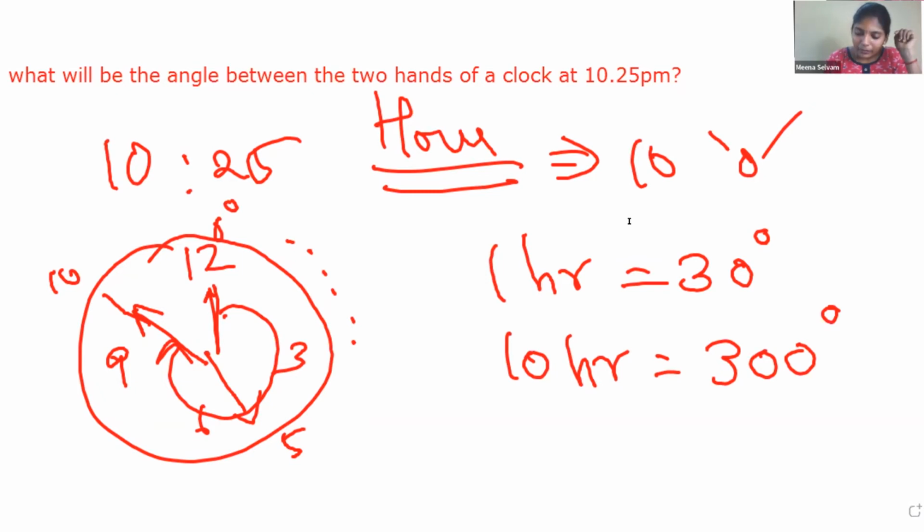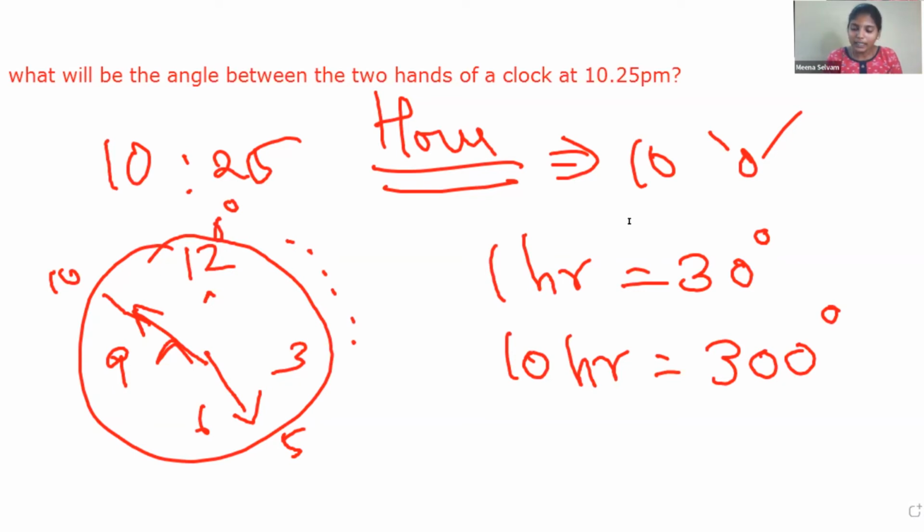Also, don't stop with that, because many people make that mistake and they will lose marks. I told you, the hour hand moves between 5 divisions during 1 hour. From 10 to 11, until it becomes 11 o'clock, the hour hand can move only between these 5 divisions. So for every minute movement, this hour hand has to move.